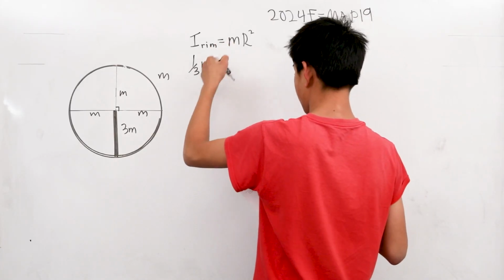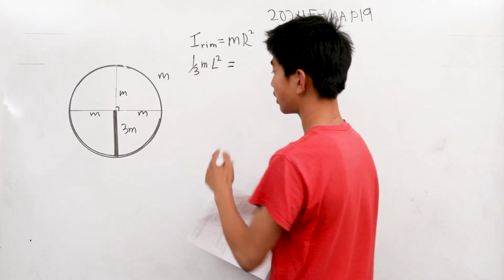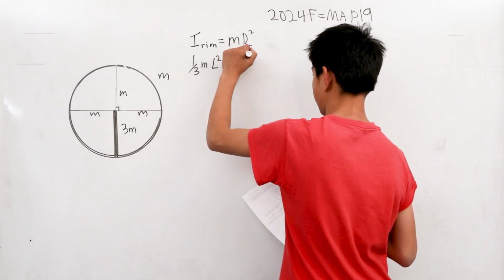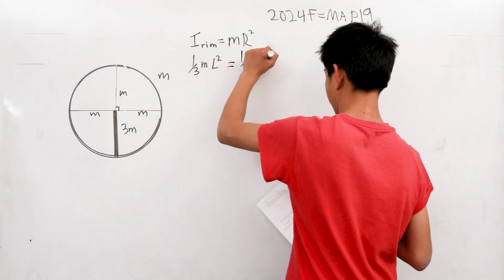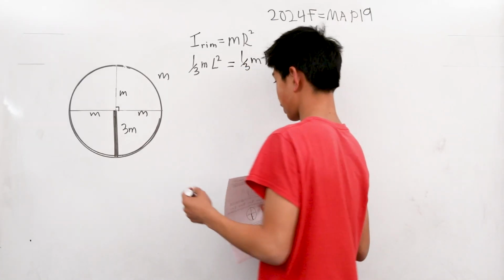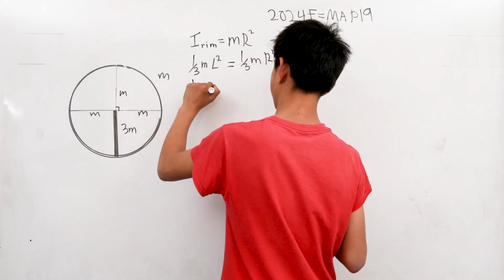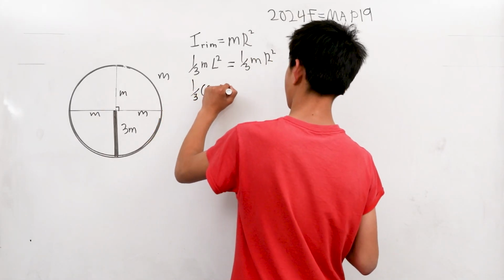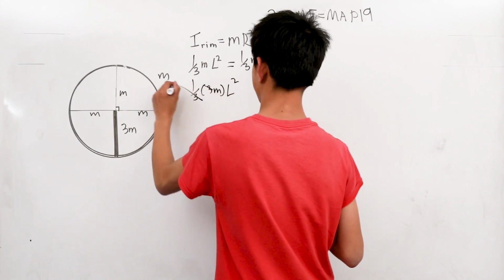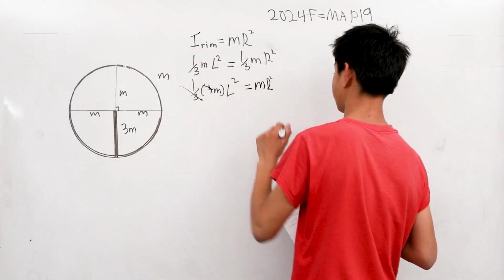Now, this L can be substituted with the radius because they are radii of the circle. So this is 1/3 mr squared. This last one here has a mass of 3m, so this is 1/3 times 3m times L squared. The 3 cancels out, and this is mr squared.